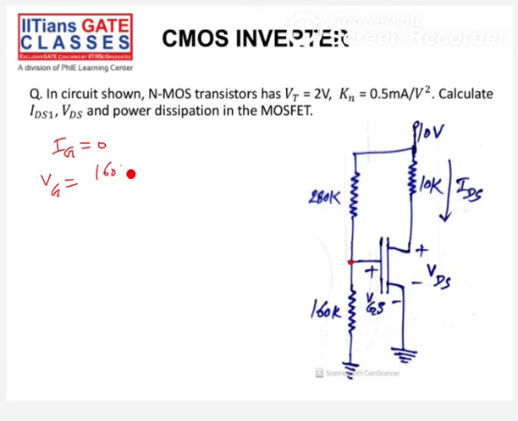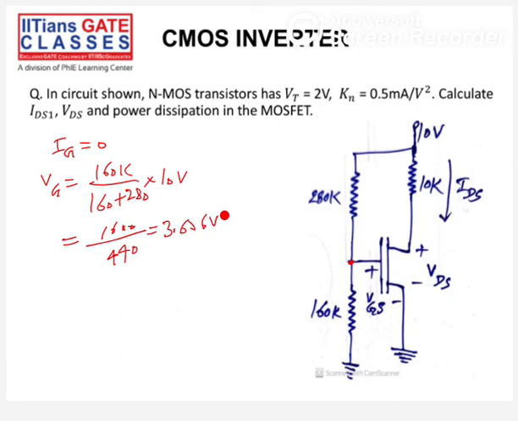By the voltage division rule, VG will be equal to 160K divided by 160 plus 280, into 10 volt. So 1600 divided by 440, it is almost 3.636 volt we will get.